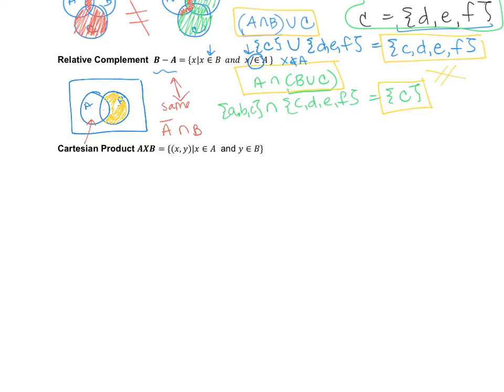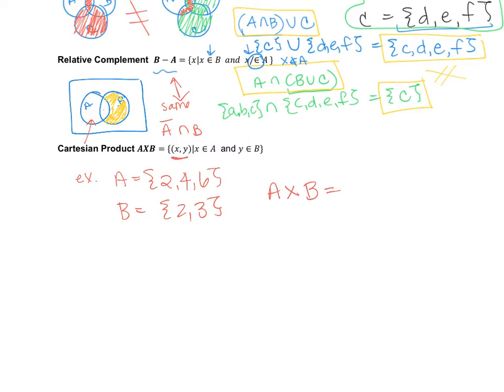Now the Cartesian product turns things into ordered pairs. So for example, it's kind of the best way to show it. If you have the set A is {2, 4, 6}, and you have set B is {2, 3}. What the Cartesian product, written A cross B, does is it has to write as ordered pairs.